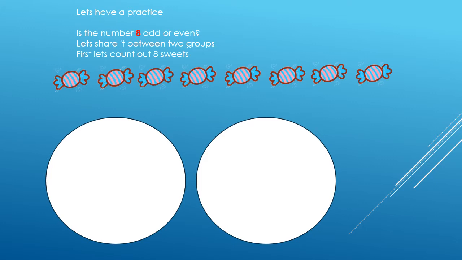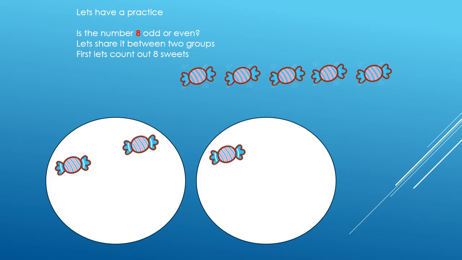Now, we have to split the number 8 into 2 and find out whether it is equal. So I'm going to start off with the first sweet, and then I'm going to put the second sweet into the second circle. And I'm going to carry on until I have split all of the sweets into 2.